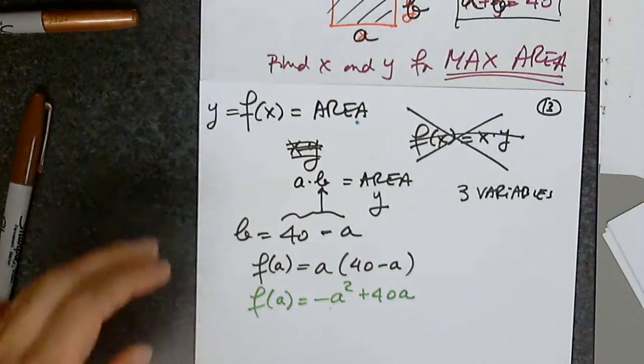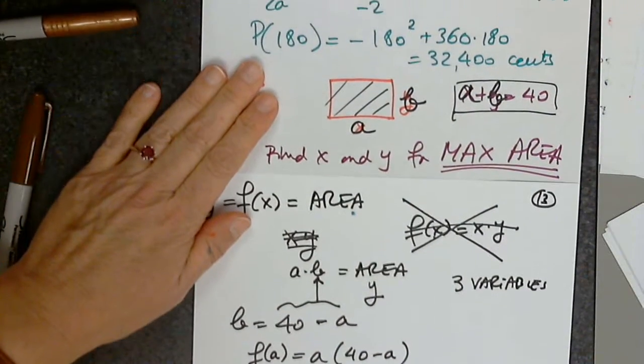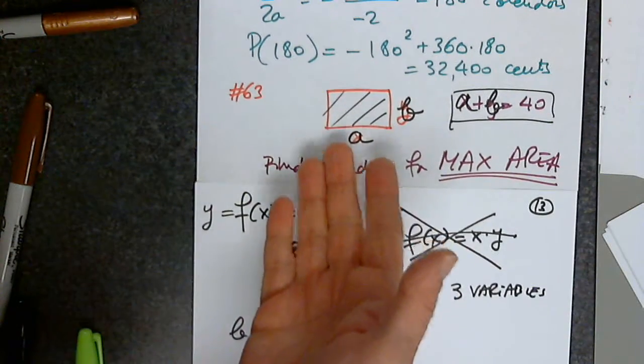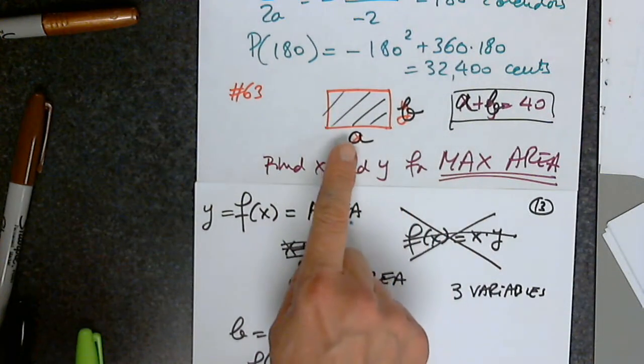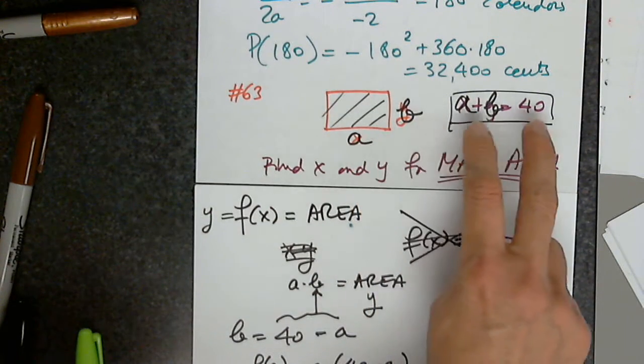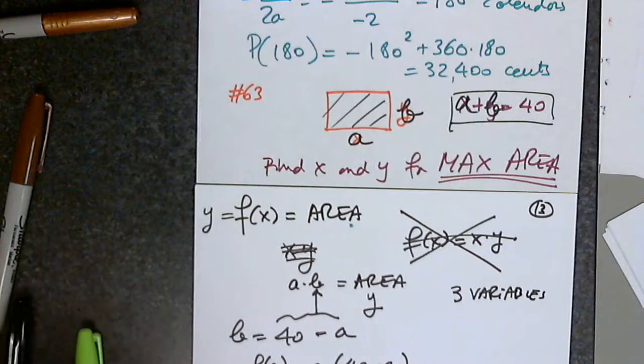I would like to start from the beginning by discussing what we did step by step. We were told that there is a rectangle, length and width, and that the sum of these two equals 40.